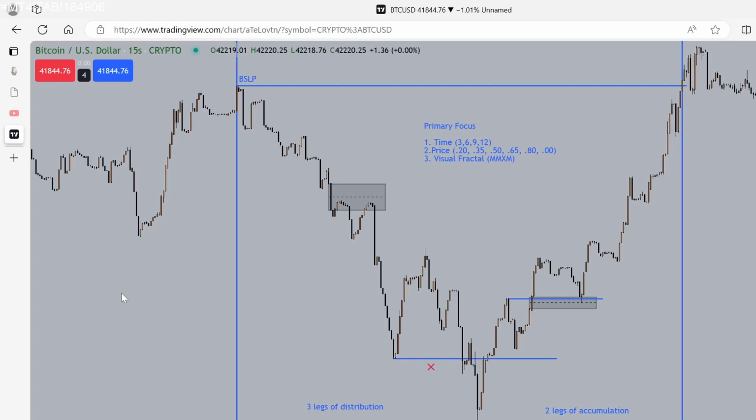In this fractal that we have here, we're going to be looking at two setups: this setup right in here and this setup over here. One on the sell side of the curve and one on the buy side of the curve.